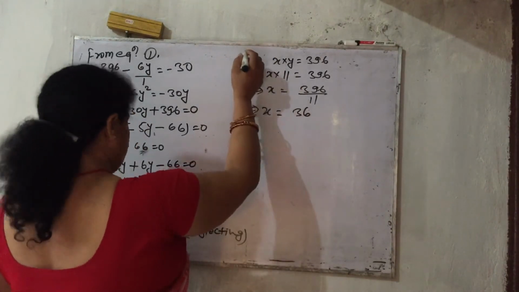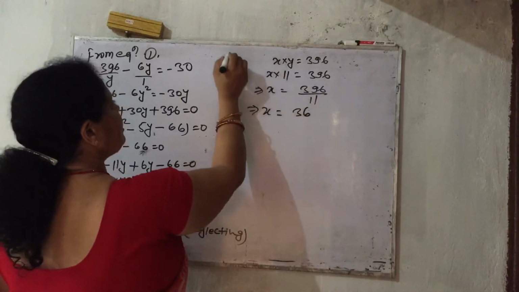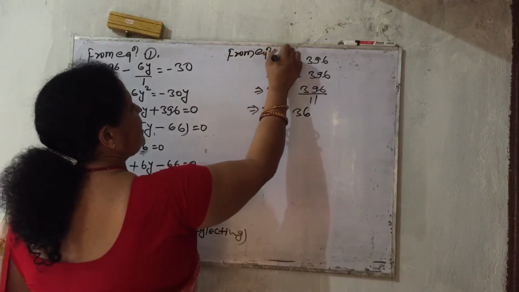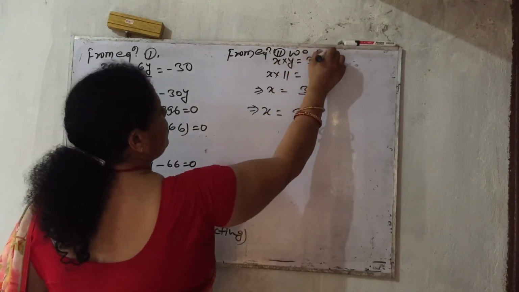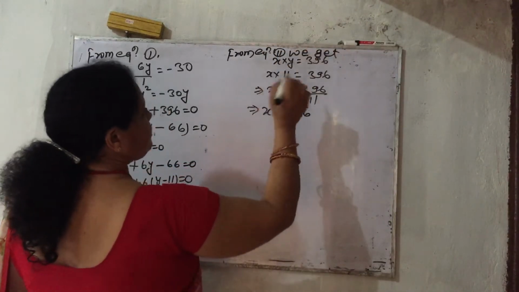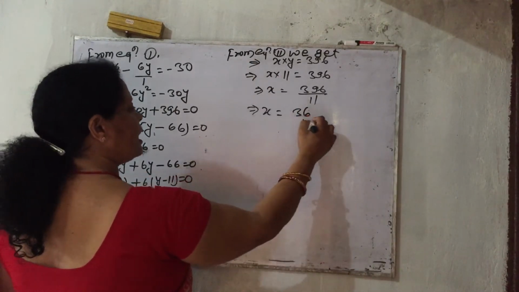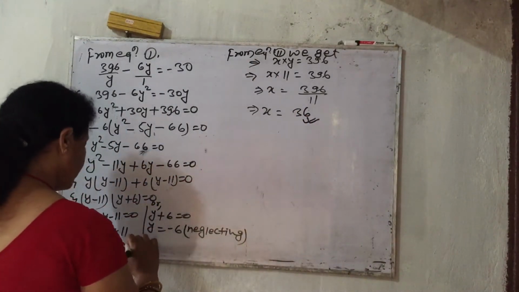Now here we have to write down, after this, from equation second we get, okay, we have got these two values.